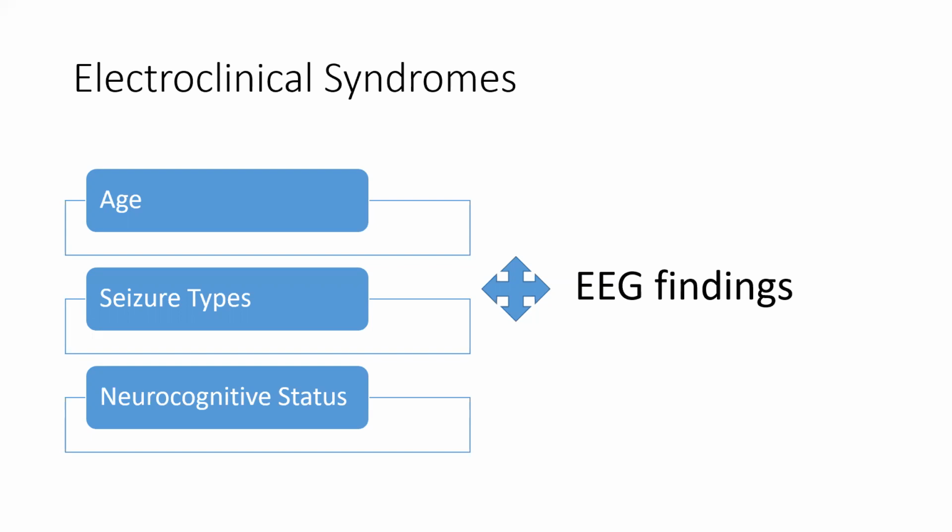And then you score any change in the developmental status. That clinical information you put together with what we find in the EEG, because the EEG is the gold standard testing that we use to put together the electroclinical syndrome, okay?